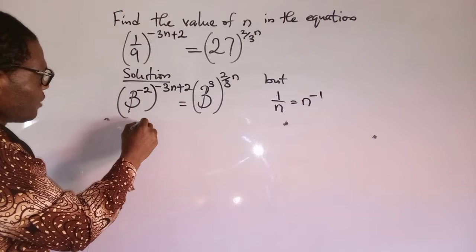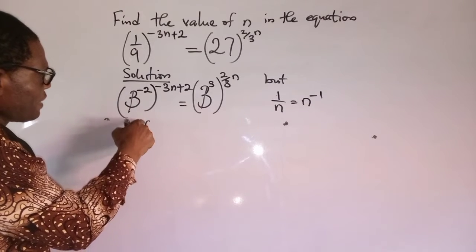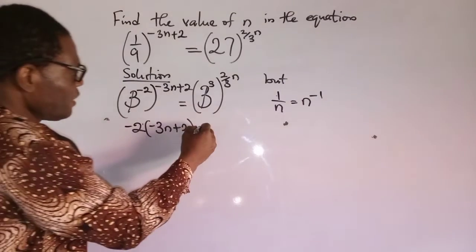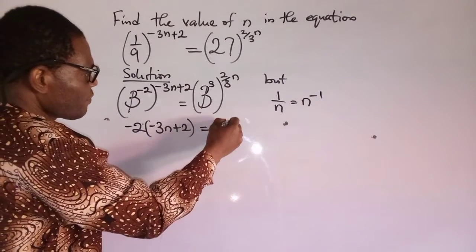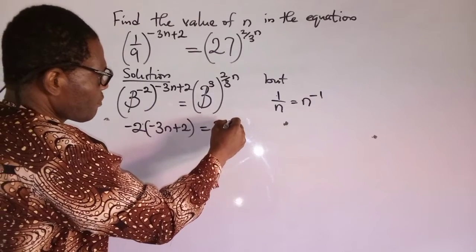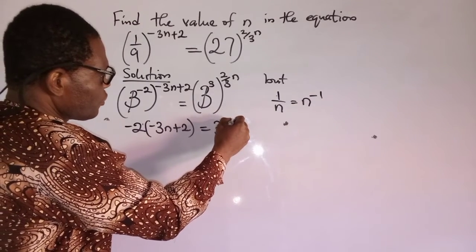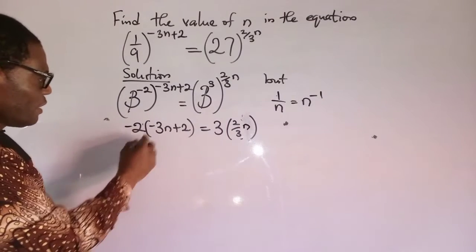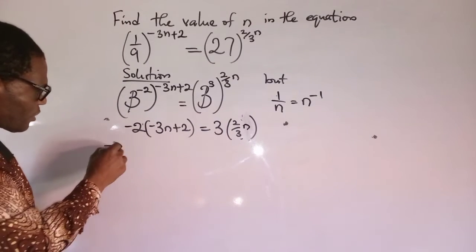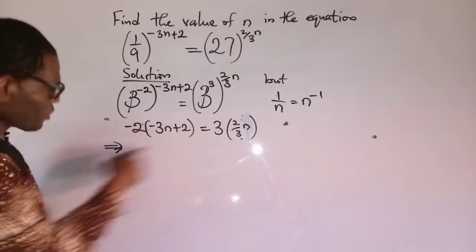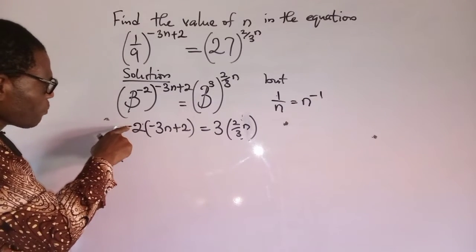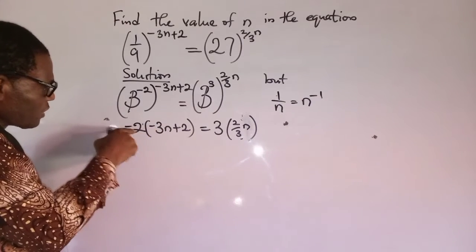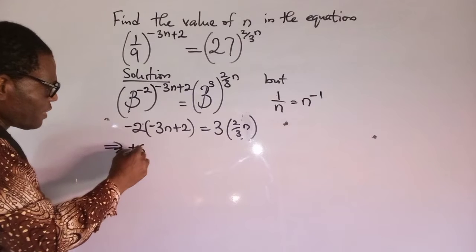Now minus 2, open bracket, minus 3n plus 2 will be remaining, equals to 3, open bracket, 2 over 3, which is this. Now it implies, this is not an equals to sign, but it implies you can now multiply. 2 times minus times minus is plus, then 2 times 3 is 6, that is plus 6.